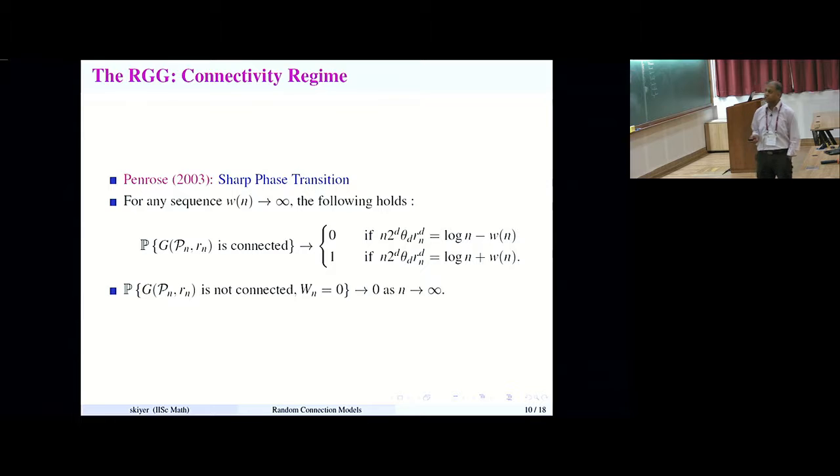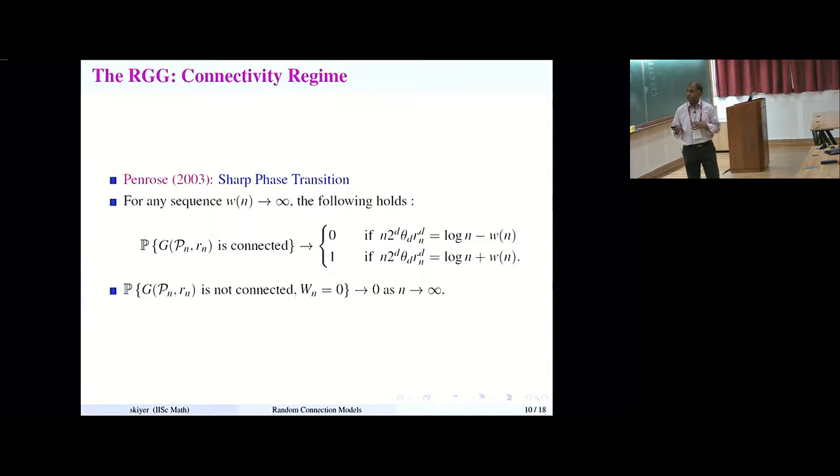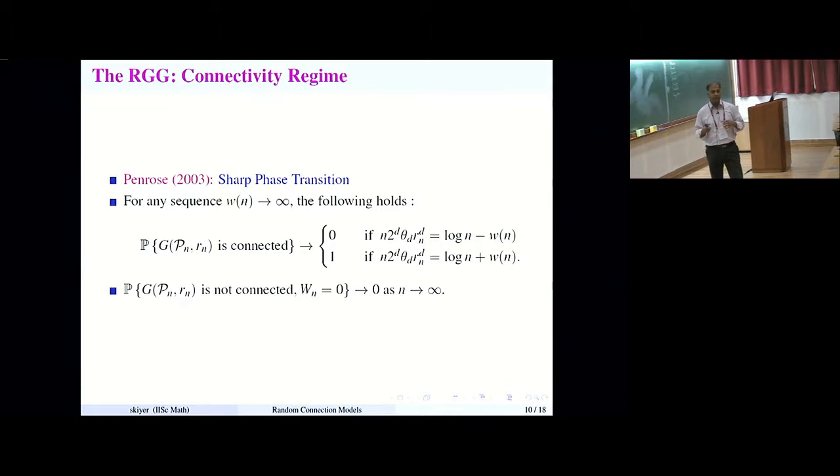Now the more remarkable result is the following: for any Rn, not necessarily the one in the previous slide, the probability that the graph is not connected but has no isolated node goes to 0.